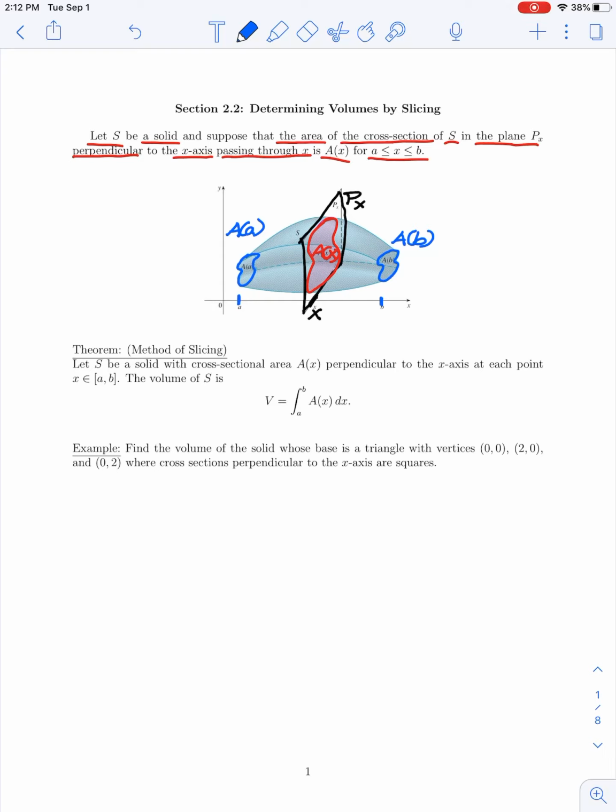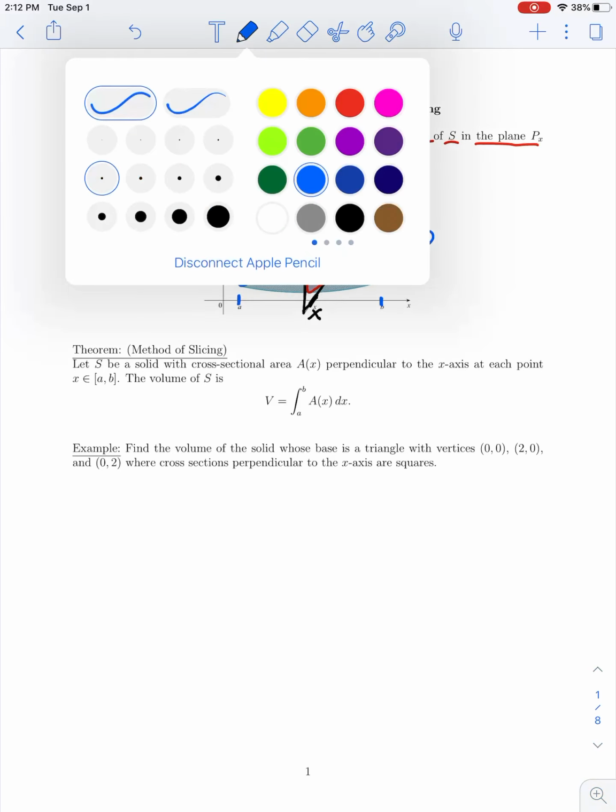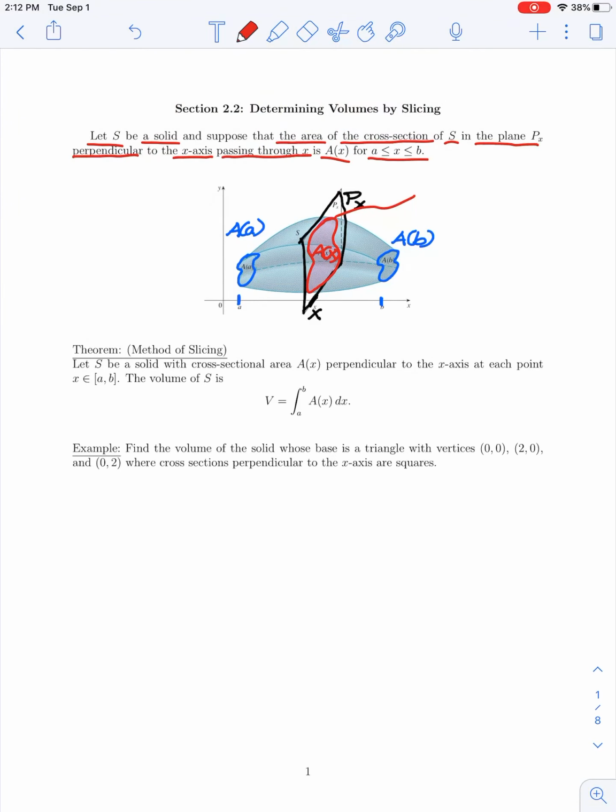Now, if we have that information, let's think about how we can use that to find the volume of this entire solid. So we can consider this small cross-section of our solid as a very thin cylinder, where the area of the base of the cylinder is what we call A of x, and it has a very thin width, sort of the thickness of this slice that I'm taking.